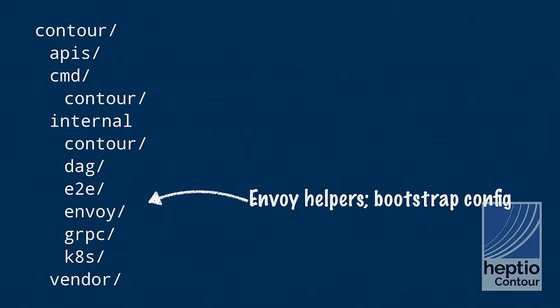The communication between Contour and Envoy is over gRPC, and that involves protobufs. Now, hopefully some of you have had some experience with using protobufs in Go. They're pretty verbose. There's a lot of just building data structure inside data structure inside data structure.